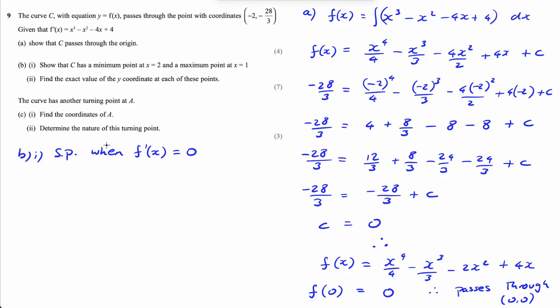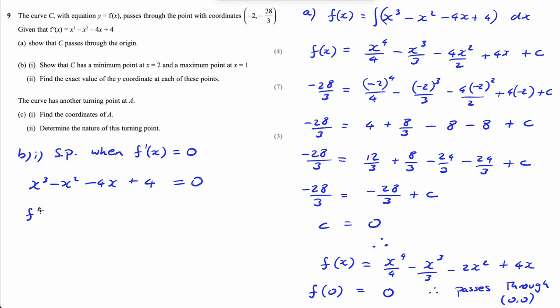So guys, when f dash of x equals 0, x cubed minus x squared minus 4x plus 4 equals 0. Okay, now we need to show that it has a minimum point at 2 and a maximum point at 1. So when x equals 2, let's get f dash of 2.